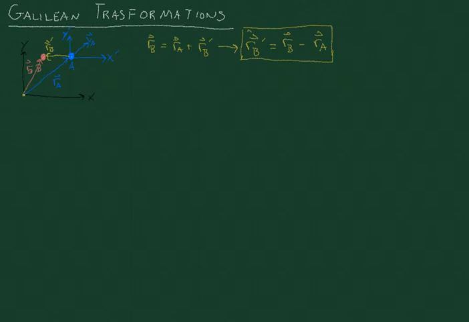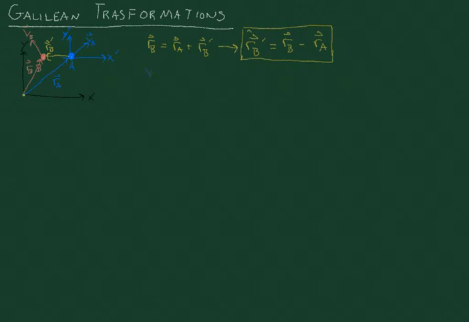Now the next step is, again, we said that particle A is moving with some velocity VA. So if A is moving, and let's say for argument's sake that B isn't stationary, let's say that B is also moving with some velocity VB.